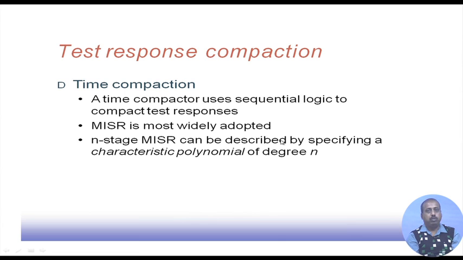Next, we look into the time compaction. Space compaction has ensured that out of say m outputs from the circuit, or the m scan chains that we have, it has combined those m outputs in some fashion, so that it gives say p outputs. For each scan cycle, it is giving us one such p bit pattern.